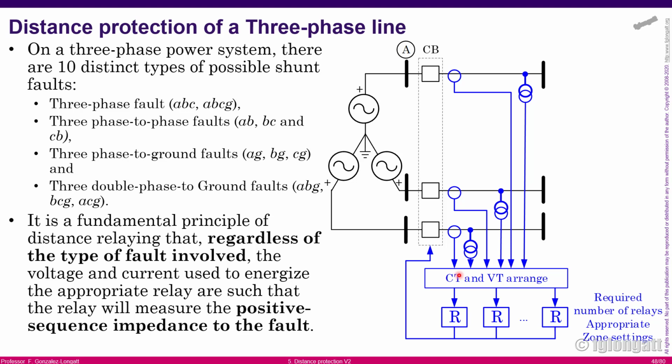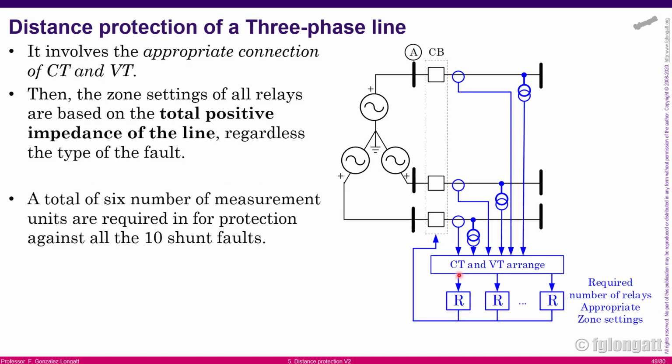What I'm trying to say is that we need to identify the appropriate connection between voltage and current transformers, and this topic was explained in the class related to CT and VT. And then we need to identify for those relays specific settings for the distance, but these settings are basically based on the total positive impedance of the line, okay?